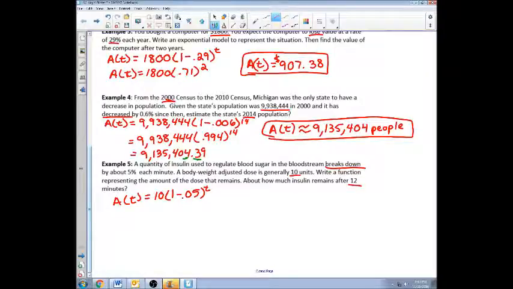Well, it told us it's going to be 12 minutes. So A of t would equal 10. Simplify your parenthesis. That would be 0.95 raised to the 12th. So my A of t would equal 5.4. Don't forget your label. It's going to be units.